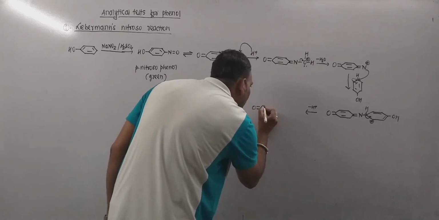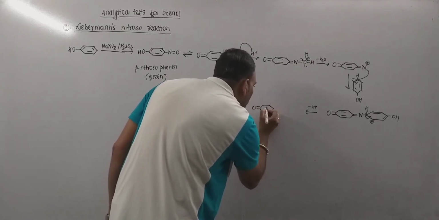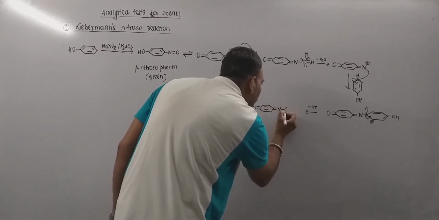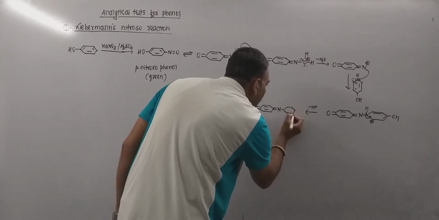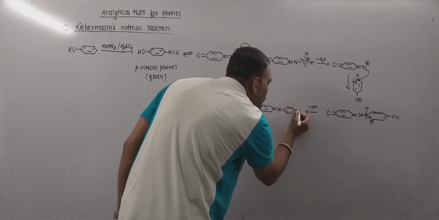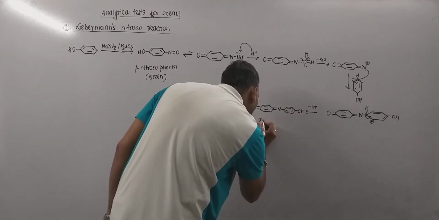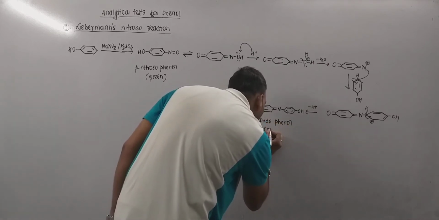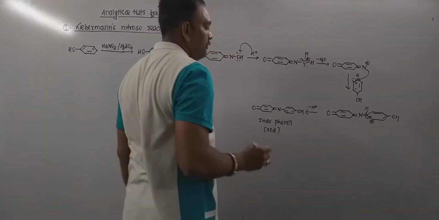So we get a new species, which can be given as this. Remember, this is called indophenol, and indophenol is reddish in color.